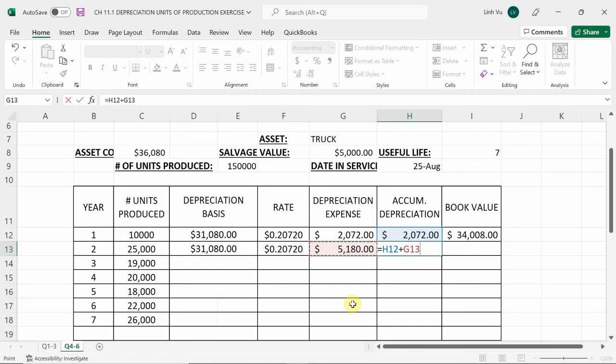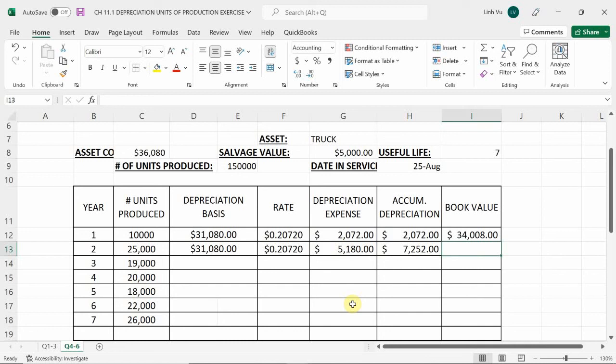So how much in grand total do you have? $7,252. 7,252. Good.